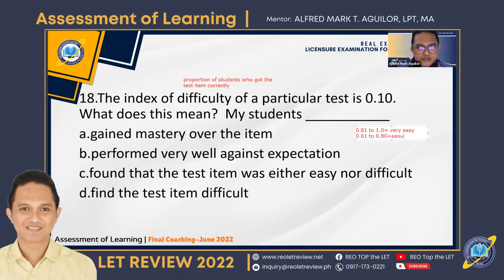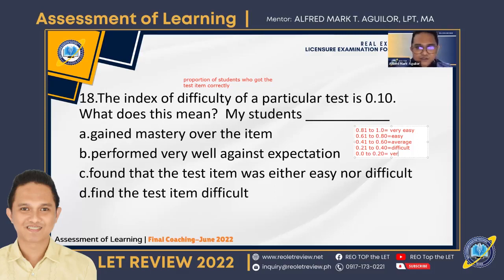This is an easy item. 0.41 to 0.60. This is average. 0.21 to 0.40. That is difficult. And then 0.0 to 0.20, this is very difficult.